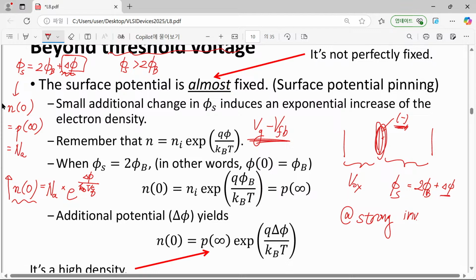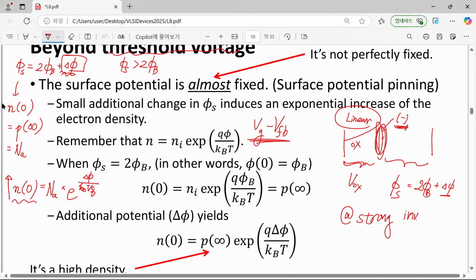However, please note that we have another guy called oxide. Oxide is just linear. In order to collect more negative charge, it should have an additional linearly dependent potential difference. So it is always just steady.